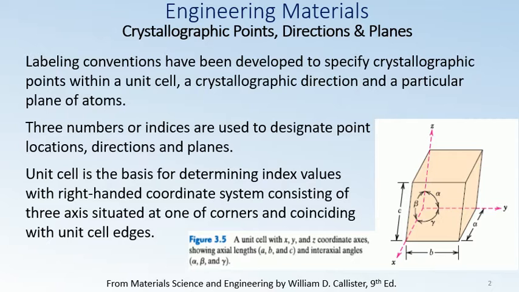The unit cell is, keep in mind, the basis for determining these indices, and we develop a right-handed coordinate system consisting of three axes with the center at the corner that coincides with the unit cell edge lengths. Now we go on to determine point, direction, and plane coordinates using this reference coordinate system.